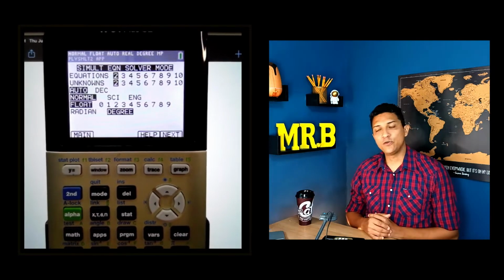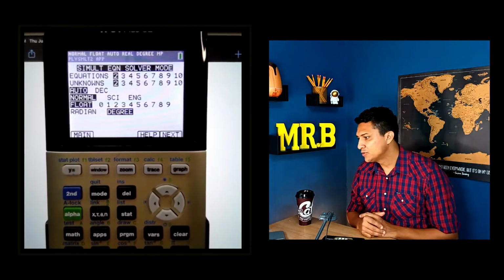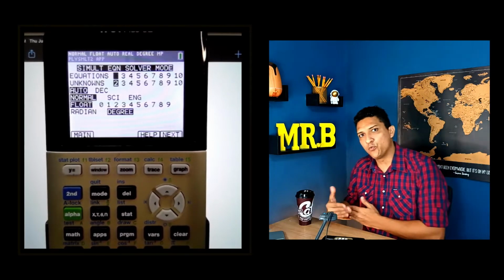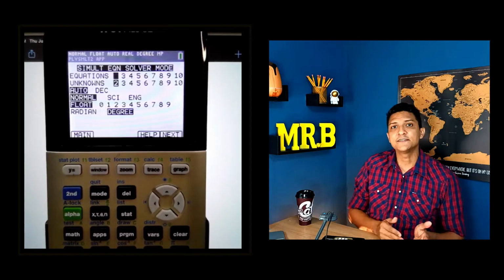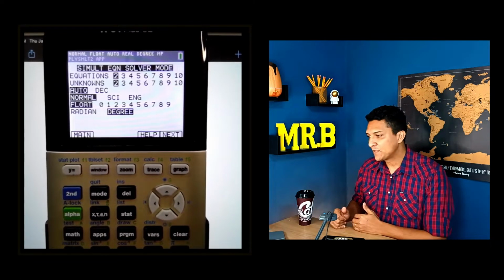Here the calculator is going to ask me, and this is very important, how many equations do I have? Normally we'd work with 2 equations, but there could be cases where we have 3 equations, okay? Just remember that the golden rule in simultaneous equations is that the number of variables you have is the same number of equations you should have. If you have 3 variables, you should have 3 equations. If you have 4 variables, you should have 4 equations, and so on. In this case, I have 2 equations and 2 variables.